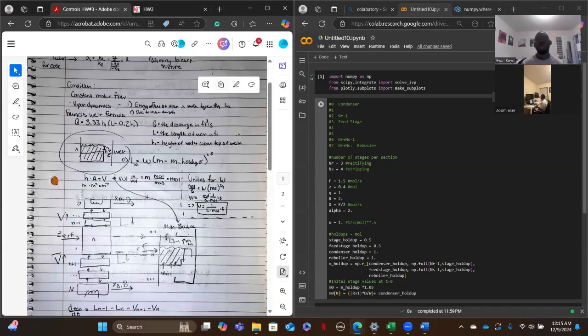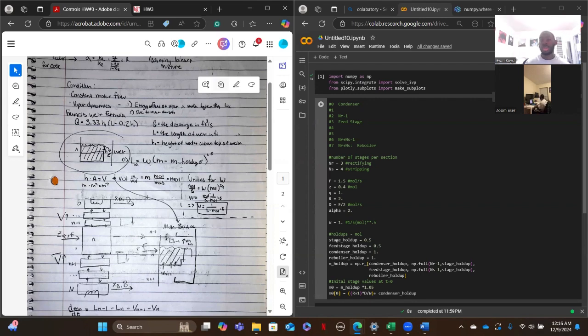But yeah, we plug that in and then we use our Francis weir equation. Because we know our L minimum, we can set that equal to, for our condenser stage, our weir times our moles minus our holdup to the 3/2. So we can set those equal to each other. Again, we're just trying to find the initial moles, to get moles by itself.